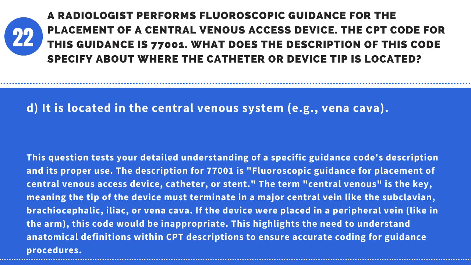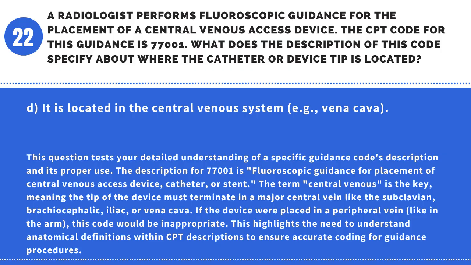Answer D. It is located in the central venous system, e.g., vena cava. This question tests your detailed understanding of a specific guidance code's description and its proper use. The description for 77001 is fluoroscopic guidance for placement of central venous access device, catheter, or stent.